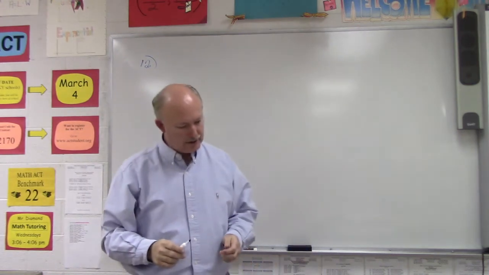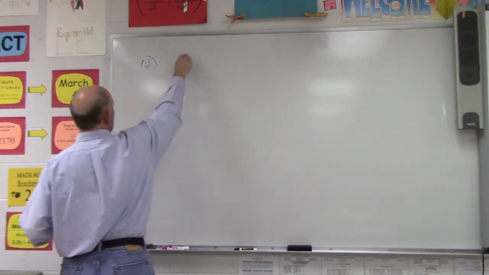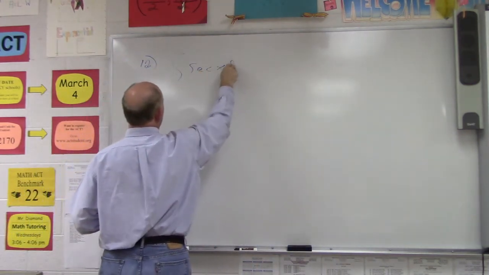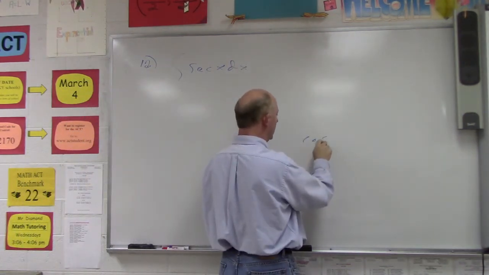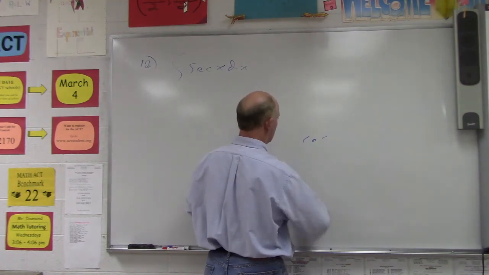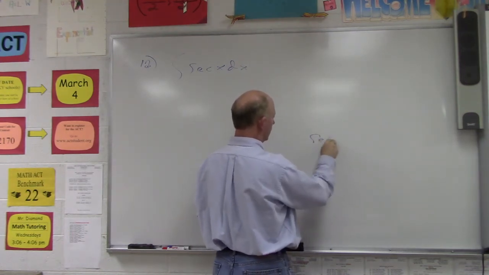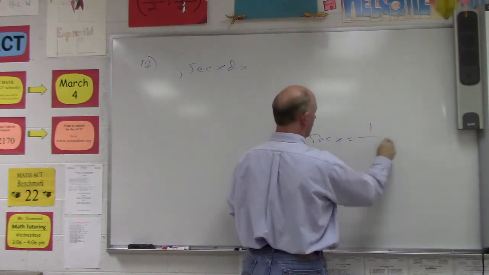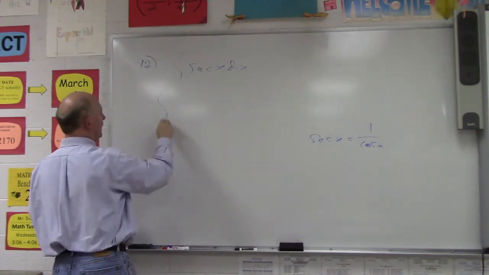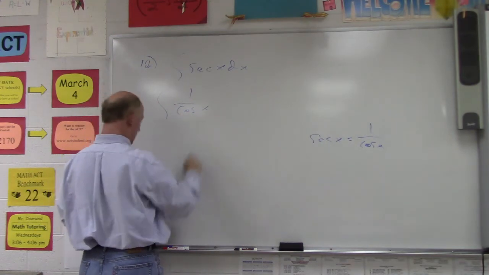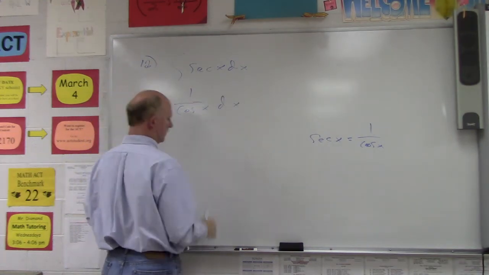Okay, let's take another trig problem. How about secant x? What about the antiderivative of secant x dx? Right away you recognize that secant x is equal to 1 over cosine x. So let me see if we can set this up as the integral of 1 over cosine x dx.